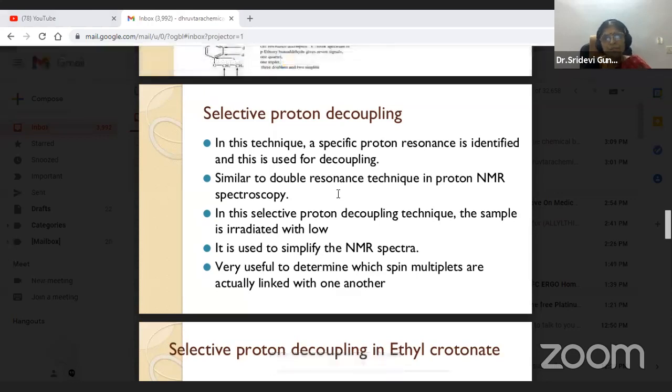What is that double resonance? When you have adjacent, non-equivalent hydrogens which undergo spin-spin coupling, what is done in double resonance? One set of protons is doubly irradiated.